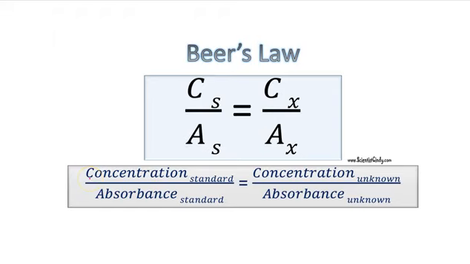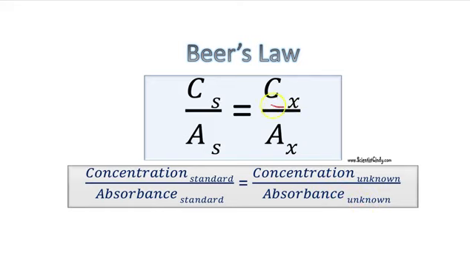Now we are going to see what our Beer's law is one more time. Beer's law: the concentration of our standard solution divided by the absorbance of our standard solution equals the concentration of our unknown solution over the absorbance of our unknown solution.